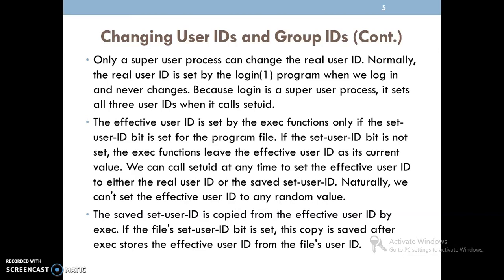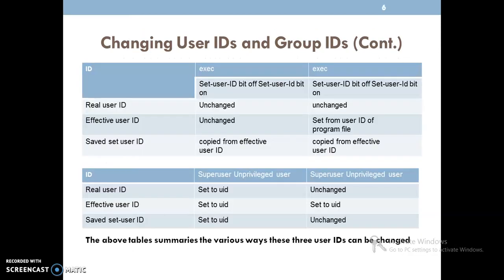Means when we call the exec function, the existing process's effective user ID will be copied. If the file's set user ID bit is set, this copy is saved after the exec stores the effective user ID from the file's user ID. Okay. So these two tables give a brief picture of how the IDs can be changed.